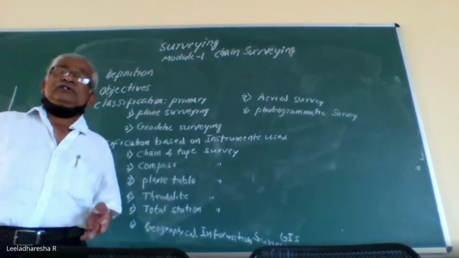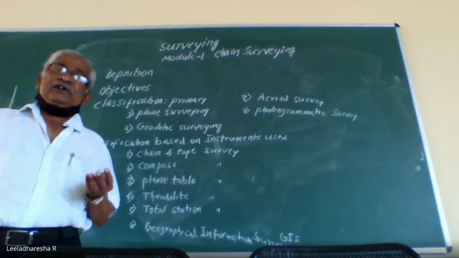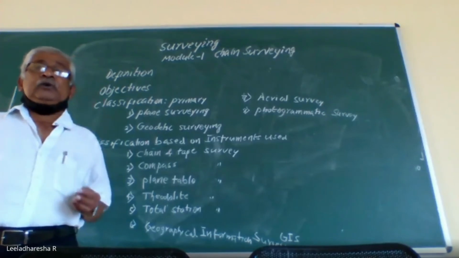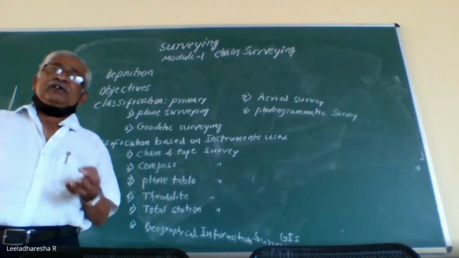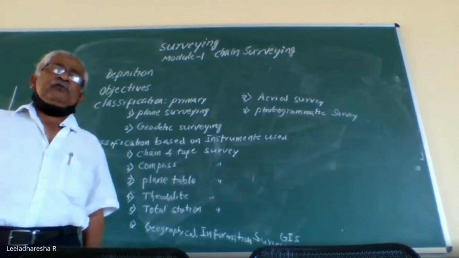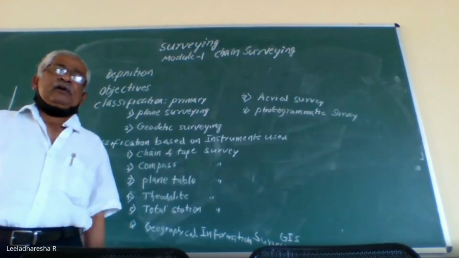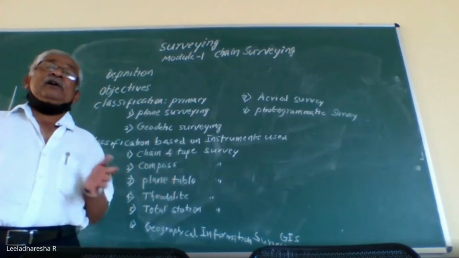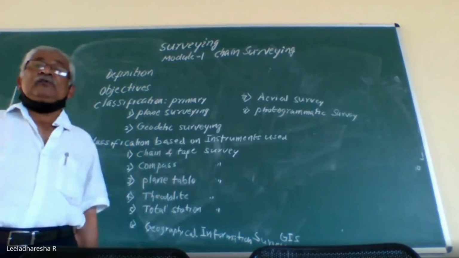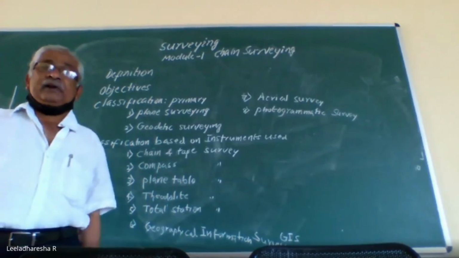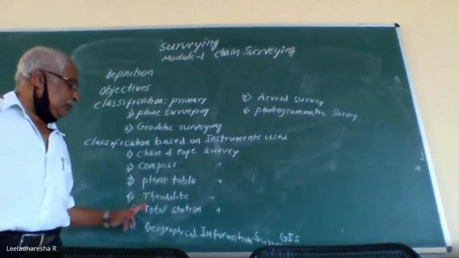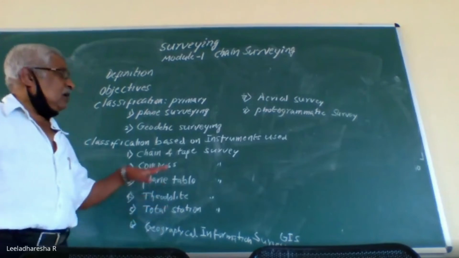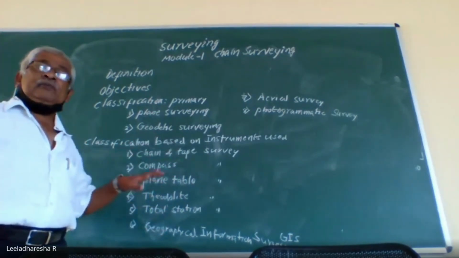Because in total station you can measure horizontal distance, vertical distance, and also the direction of various lines. Everything is automatically recorded, and you can also use software, by means of which your drawings can be prepared automatically. So it is one of the most advanced instruments which is now replacing all the other types of surveys.